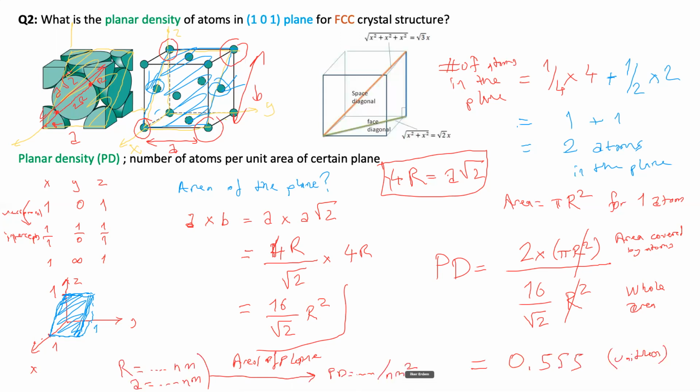So we could find the number of atoms per nanometer squared. But since we are not given any numerical value for R or A, we just made our calculations for planar density by using the parameter we are given or we just know, which is R. So we write the area of the atoms and we divide it by the whole area to find out the planar density, which is unitless this time, as that much.